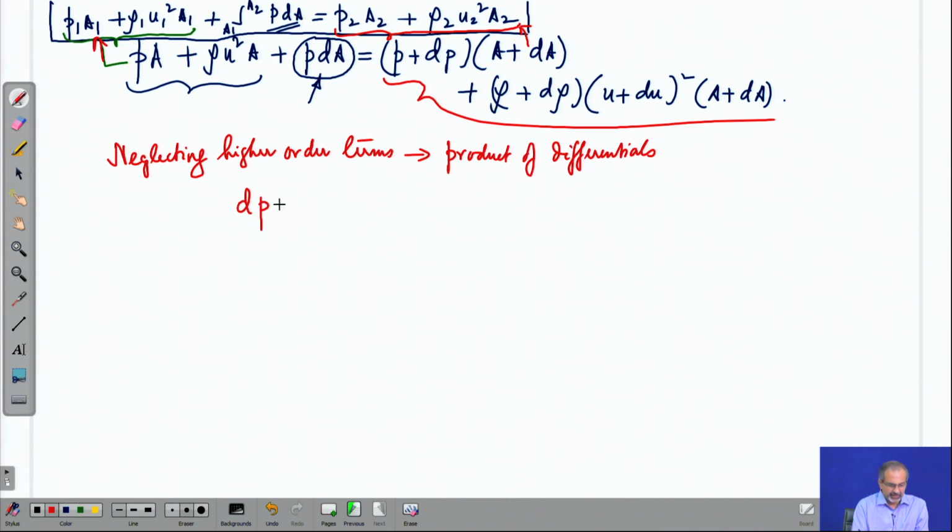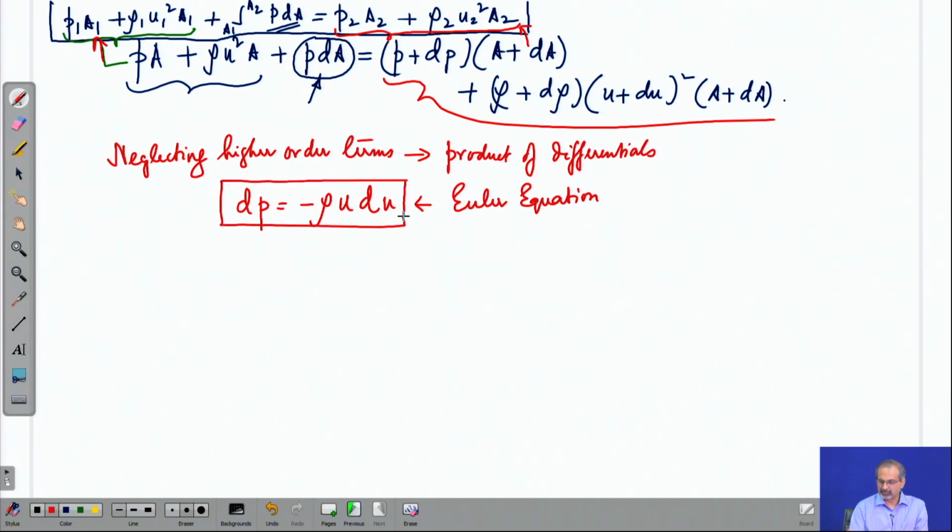So, if you neglect that, what do you get? You get a very familiar equation, that is simply Euler equation, which we have visited earlier, but following a different approach. How can we use this equation together with the continuity equation? Let us try to take it forward.